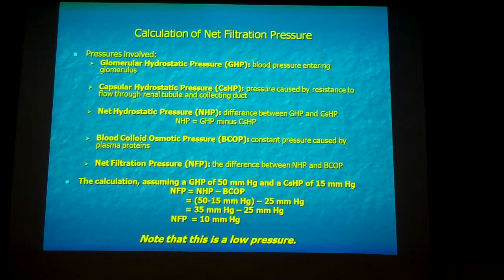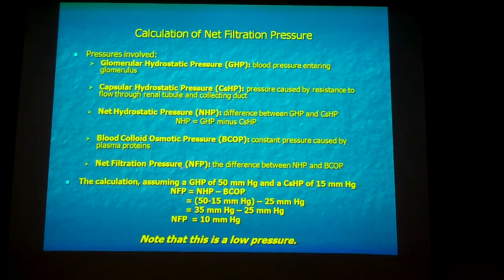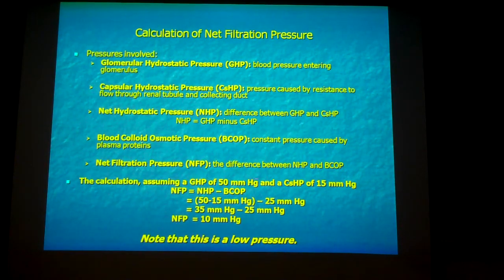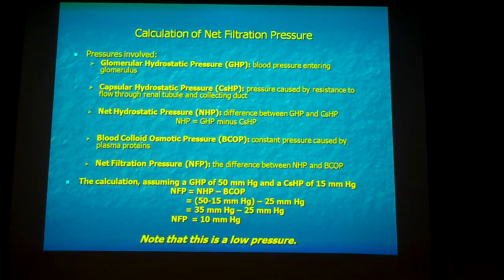All right, so our net filtration pressure is simply going to be the difference between this and this. See? So here's the way we would calculate it. If we assume our glomerular hydrostatic pressure is this, our capsular hydrostatic pressure is this, and our blood colloid osmotic pressure is this, here's the way it works.